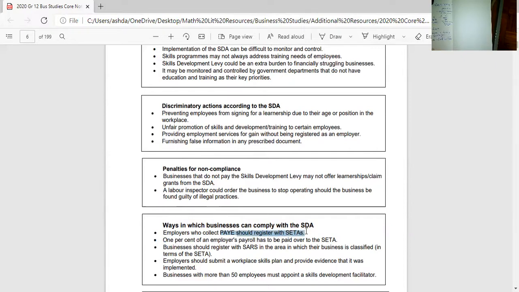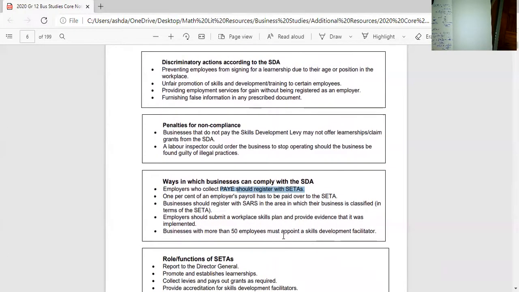Okay, we need to register with SATUS. And then we also need to submit a workplace plan. Okay, those are the two things that you need to comply with.